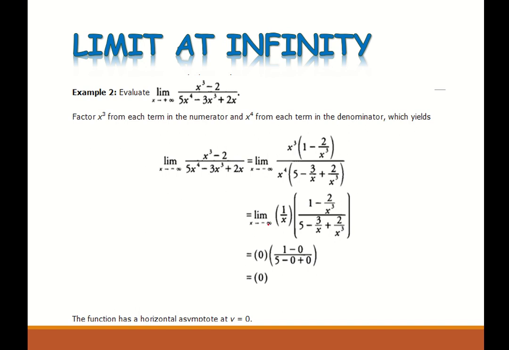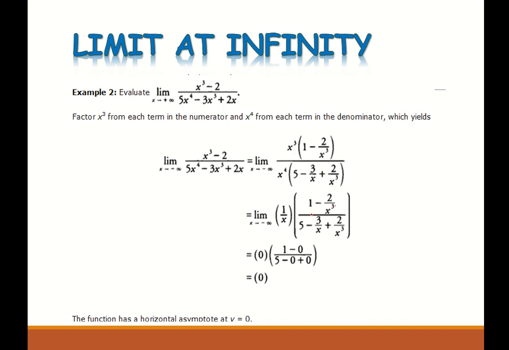Okay, so what you're going to do is just plug in the infinity here. For any x, you put the infinity there. So we have x cubed, negative infinity cubed, which is still negative infinity. So 2 divided by negative infinity will be 0.